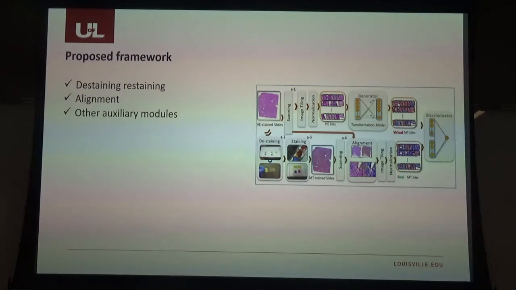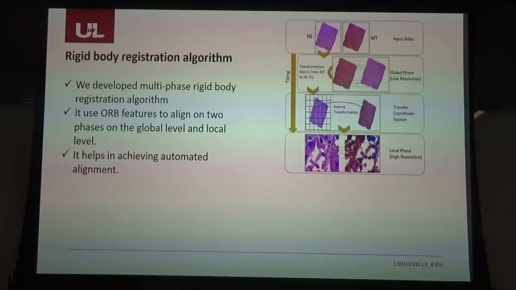So we achieved this model, and we also implemented an alignment methodology. By the way, alignment in the field of digital pathology and whole slide images is not a trivial problem. In this case, we are dealing with rigid body alignment, because the same section, the same slide, was stained twice.